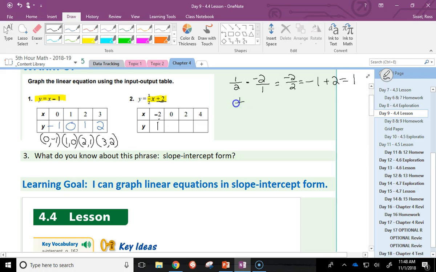Do the same thing now with each one. If I put 0 in, half times 0 plus 2. Half times 0 is 0 plus 2 is 2. Half times 2, and I'm going to make it 2 over 1, equals, what's a half times 2 over 1?